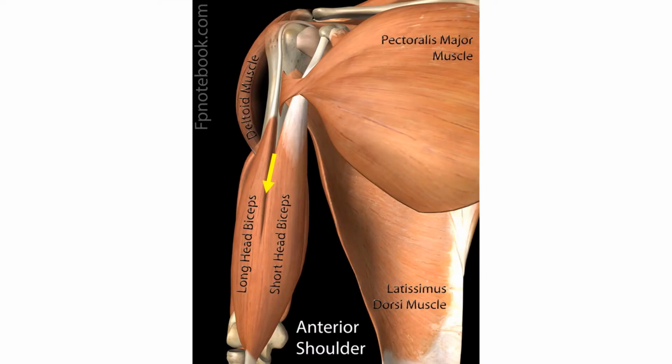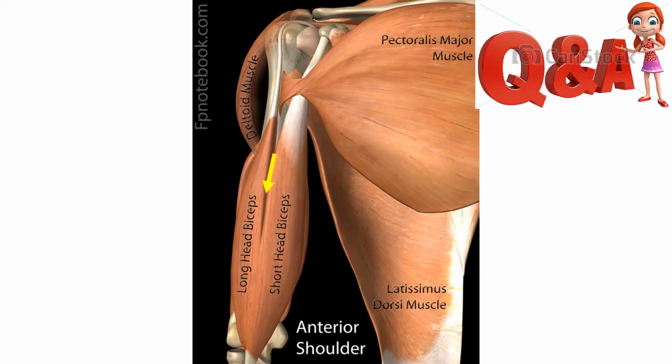Right, let's study this situation. What's happening here? This is the short head of biceps coming out of the coracoid, and this is the long head coming from the supraglenoid tubercle, and this is the pectoralis major muscle. Look at this situation here.